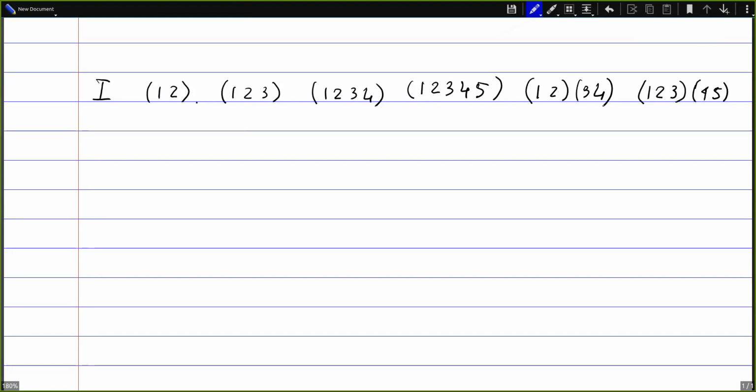So let's also write down the sizes of the conjugacy classes. For identity, it is 1. For the 2-cycle, it has to be 10 because we can make 5C2 choices. 5C2 is 5 into 4 by 2. For the 3-cycle, it is 20 because 5C3 is 5 into 4 into 3 by 6.